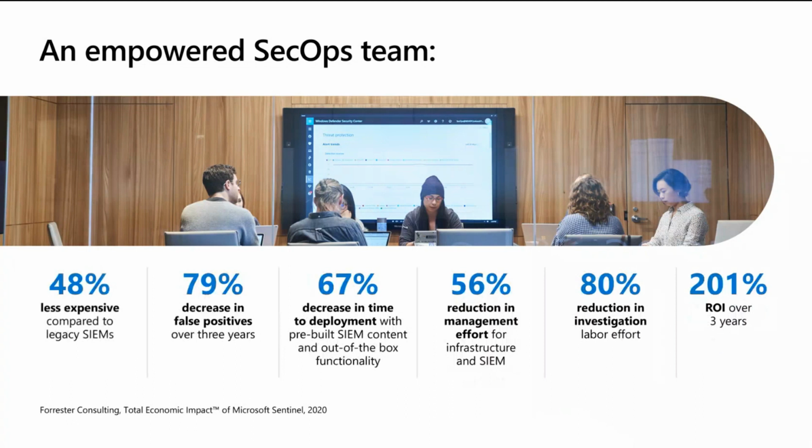If you want an overall picture of the discussion, the first point was our SIEM is 48% less expensive than other SIEMs. False positive, 79% reduction. This is also coming from Forrester. What is a false positive? Sometimes a valid operation might get revoked from the system, or might increase alerts.